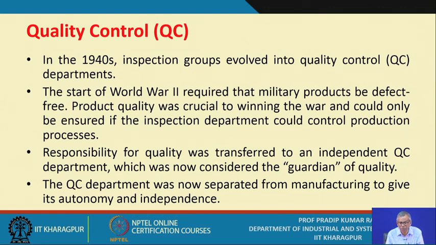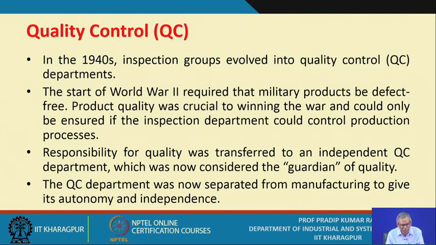The product quality was crucial in winning the war and could only be ensured if the inspection department could control the production process. So everyone agrees to this point. So responsibility for quality was transferred to an independent QC department, which was now considered the guardian of quality. So the first time, in the organization structure, you get a department called quality control.